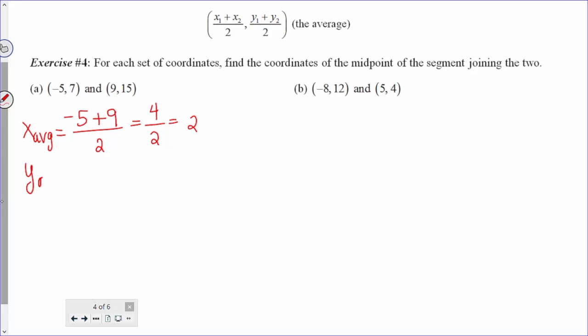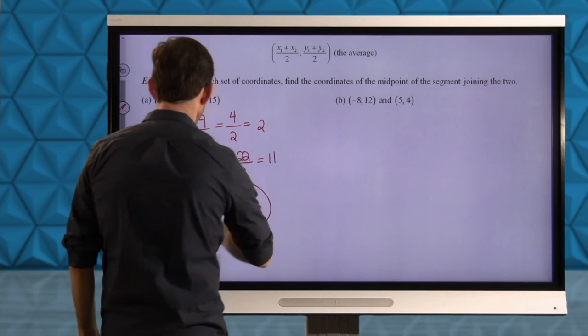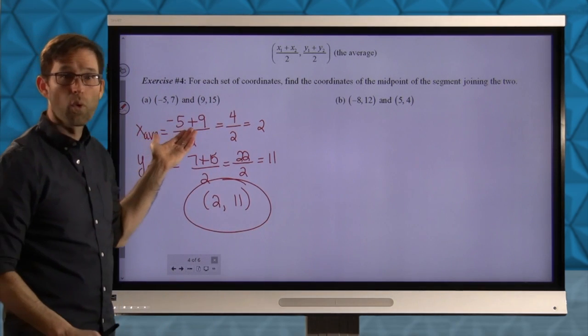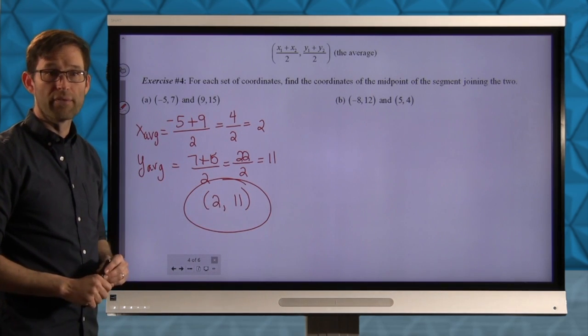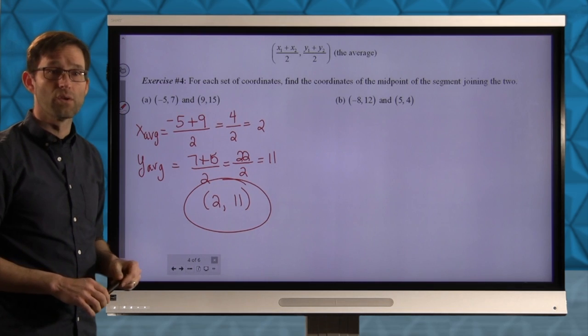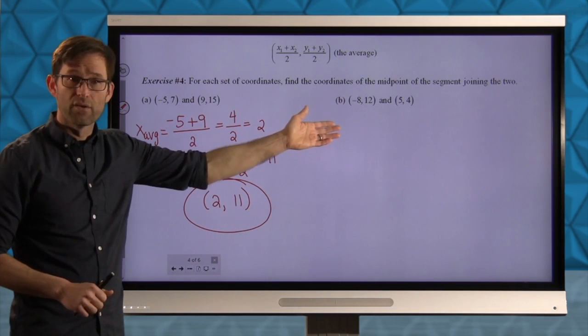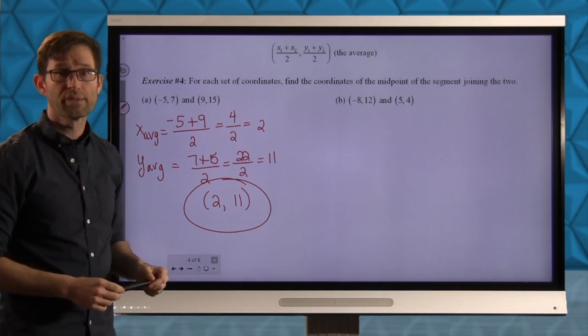My average y-coordinate, on the other hand, would be 7 plus 15 divided by 2, which is 22 divided by 2, and that's 11. So the midpoint of a line segment that has these two coordinates as its endpoints is (2, 11). You don't get much easier than that. Why don't you go ahead and do it for those two coordinate points?